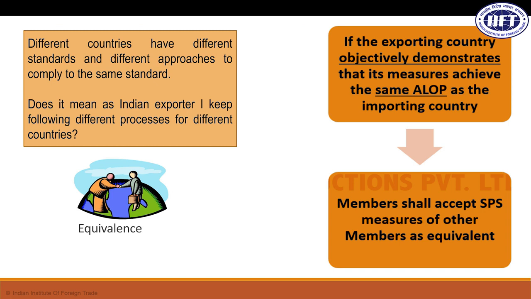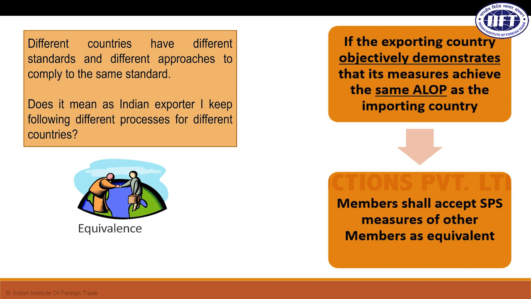But can Australians force the Indians to use a particular process to reach that standard? And in order to export mangoes to Australia, should even Indian mango companies follow the same process? In case there is an equivalence agreement signed between India and Australia, the Indians can use their own process to reach that standard, and Australians can use their own process to reach that standard.